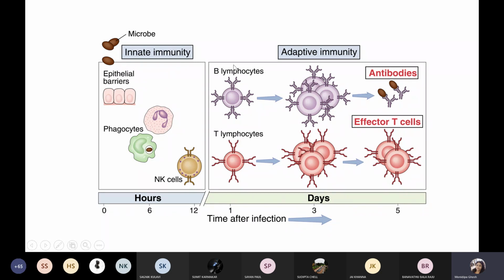The antigen directly interacts with this one, and the epitope of the antigen, meaning the specific site of the antigen, should match with the paratope, the specific site of the antibody. So, when epitope and paratope match with each other, the receptor-ligand type of attachment is held and it grabs the antigen tightly, and in subsequent stages we will be discussing how the antigen is resolved.